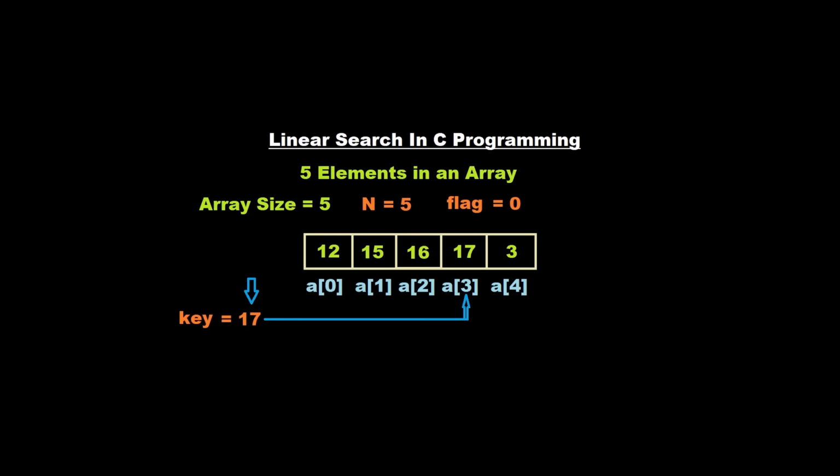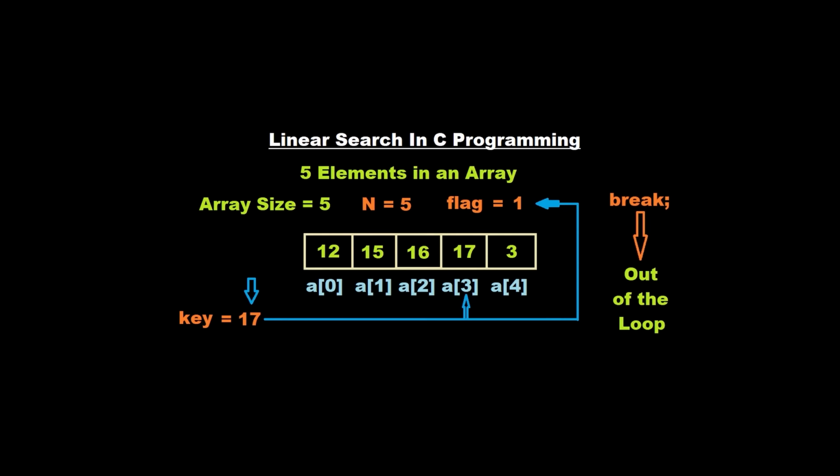Now, as soon as we find the key and it matches an element in the array, we will update the value of flag to 1. Then we have to get out of the loop. For that, in C programming, we have the break statement. With the help of the break statement, we will come out of the loop.